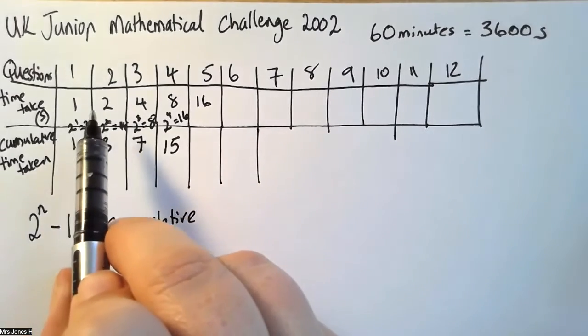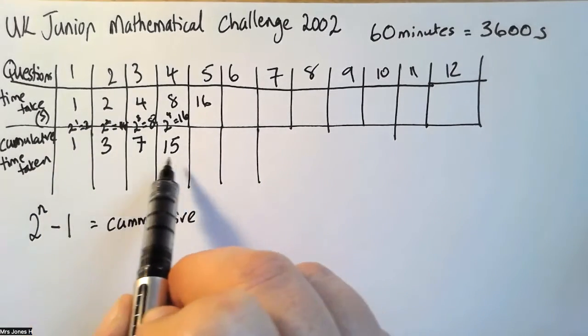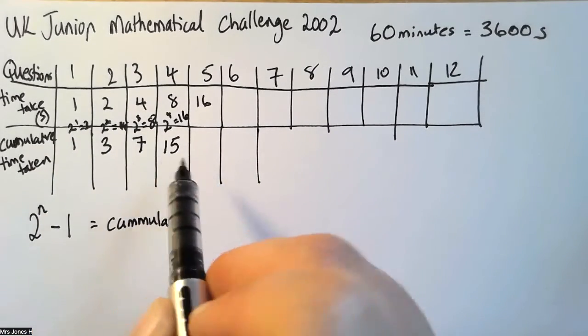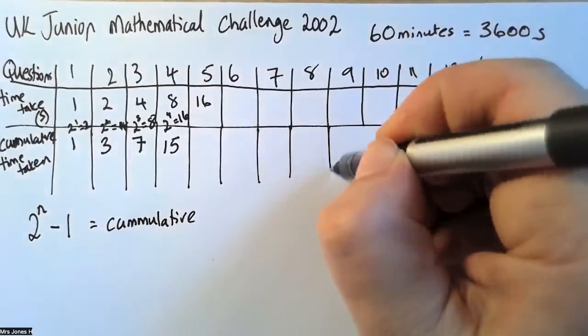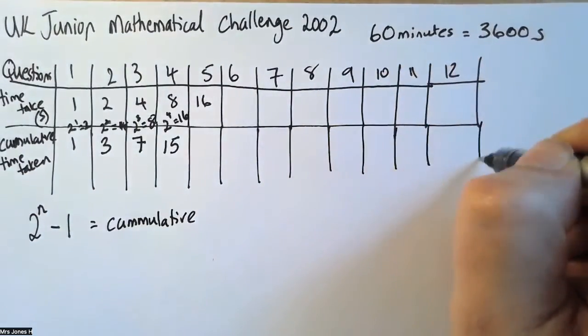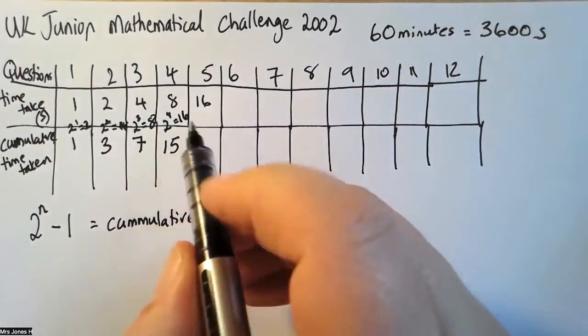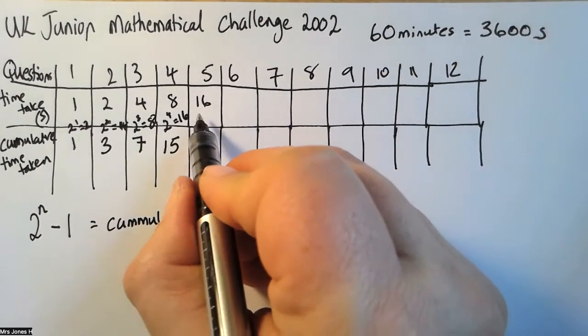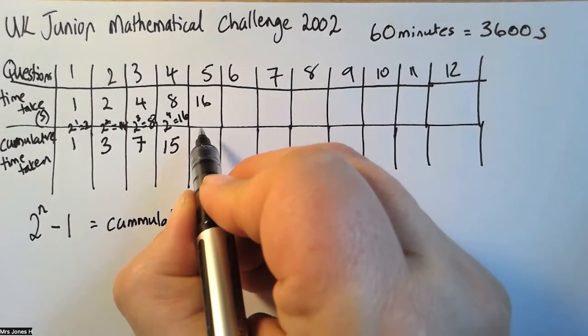So this is not the number of seconds per question. What we want is the total here. So if I continue this pattern, what I did was work out the powers, and then I took away 1.